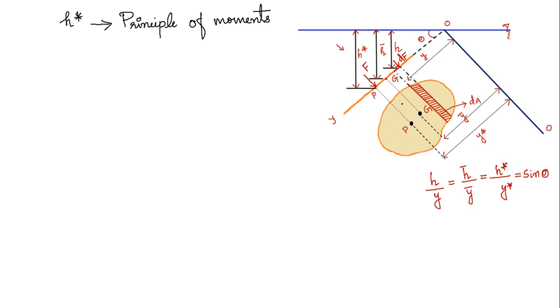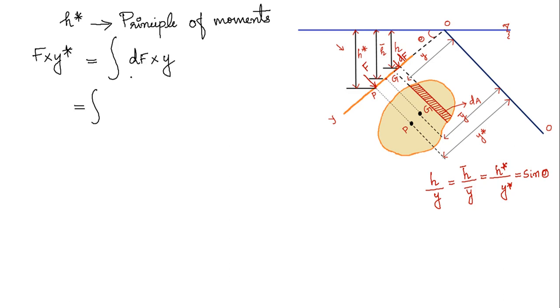In our case, the resultant force is our total pressure force acting at point P, and we have different components of this total pressure force. So we can write the moment of total pressure about the OO axis as F into y star, which is equal to the sum of moments of its components about the same axis.